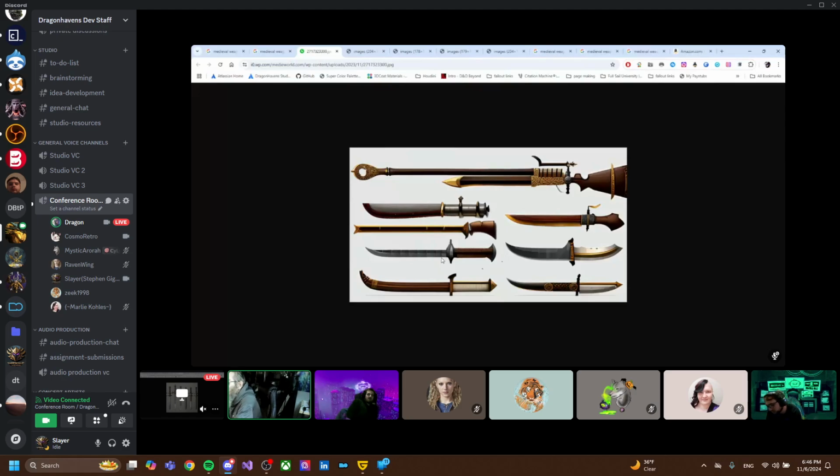Because I think we want to try to keep the look of the environment and the look of the weaponry in the same art style, don't we? Oh, absolutely. Do you have the 2D template that you could show us?